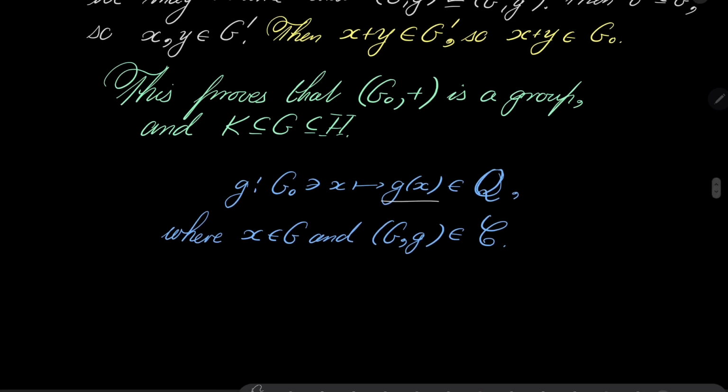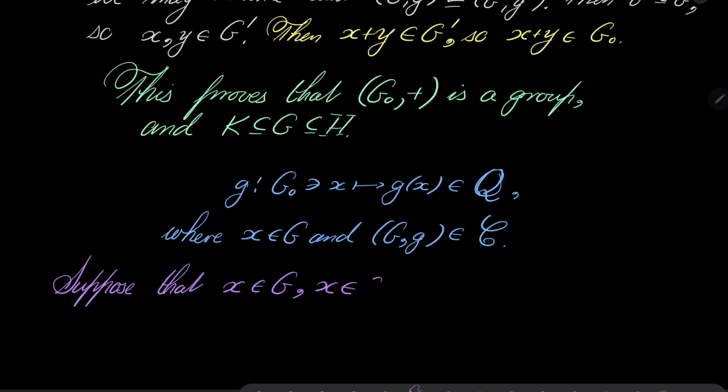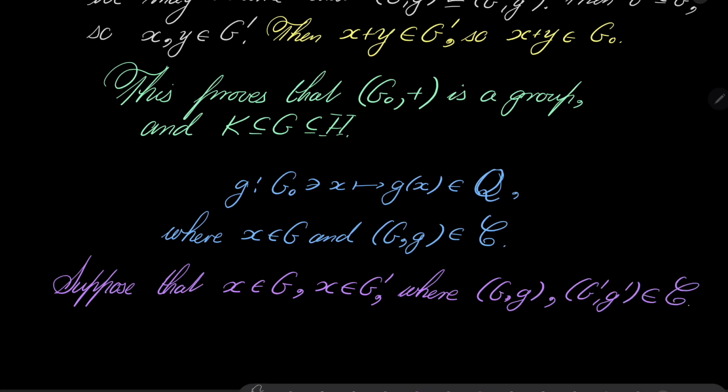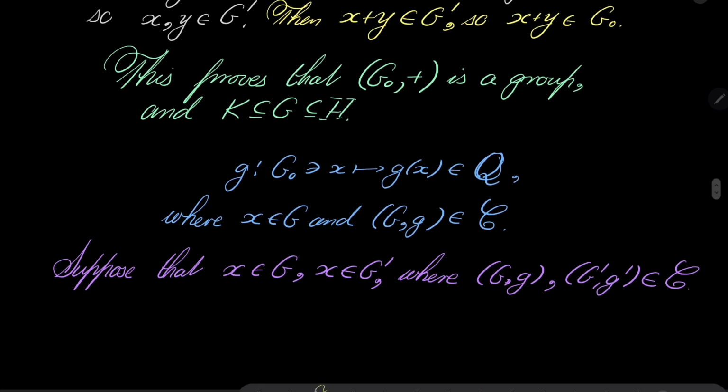Let's verify it. So suppose that this element x is in G, and it is also in G prime, where G and G prime are in our chain. We wish to prove that G of x is actually the same as G prime of x. Again, we will use the fact that our chain is linearly ordered.